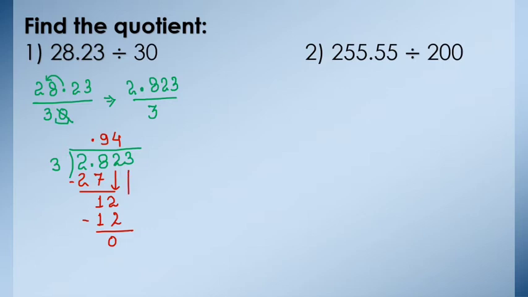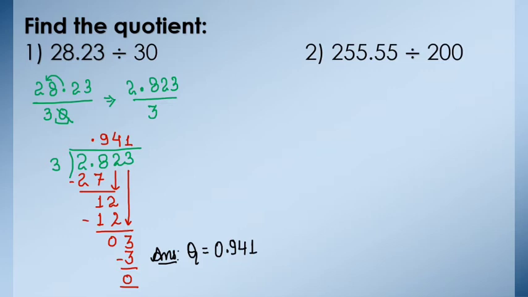Bring down the next digit, that is 3. 3 1s are 3. Remainder is 0. So the quotient is equal to 0.941.